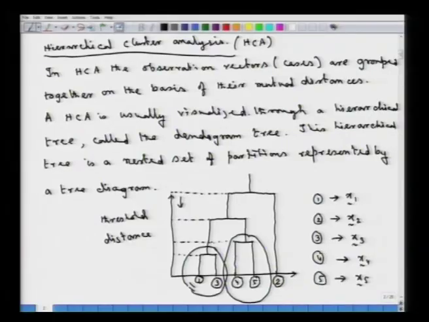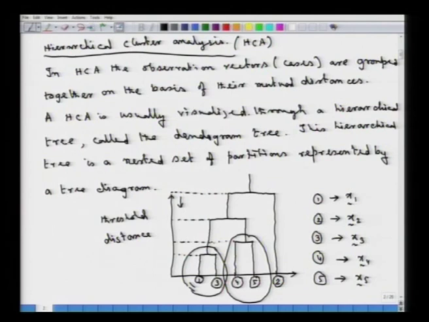As a result, if we are looking at the objects at a very fine level of resolution, then all the objects will appear as if they are different and they do not form one cluster.